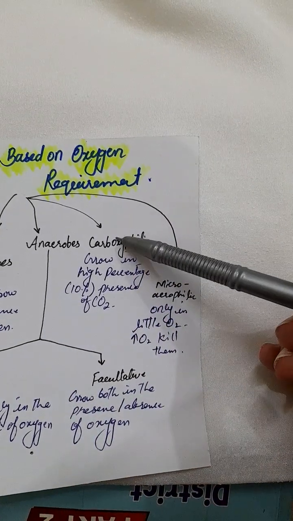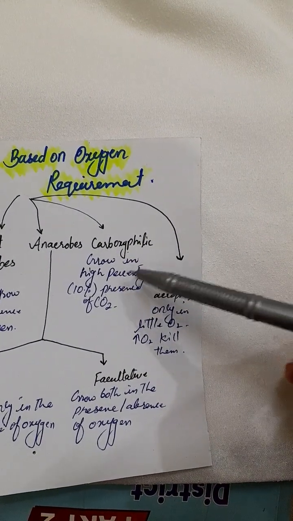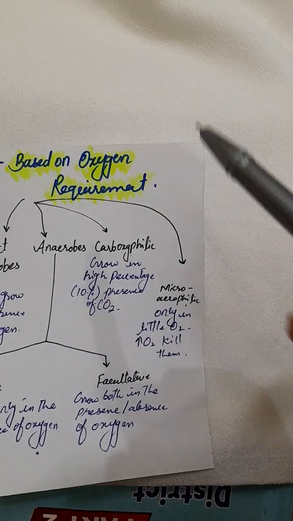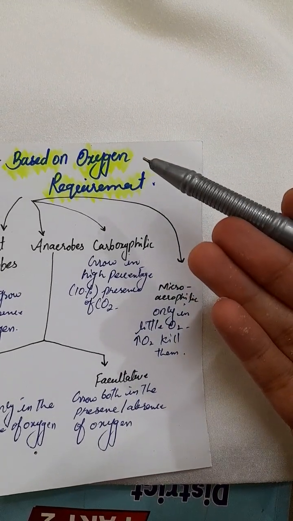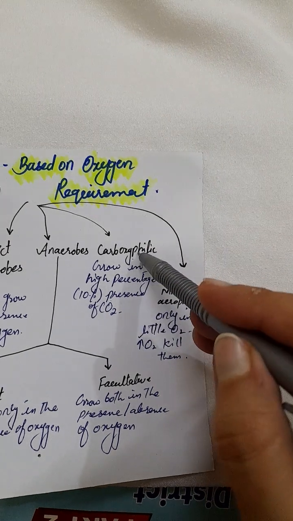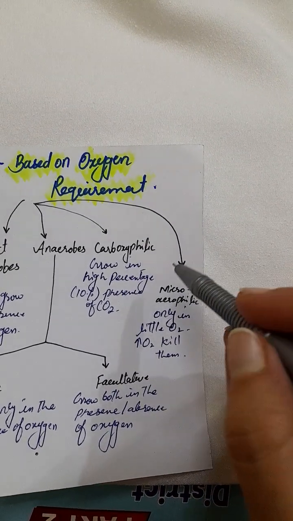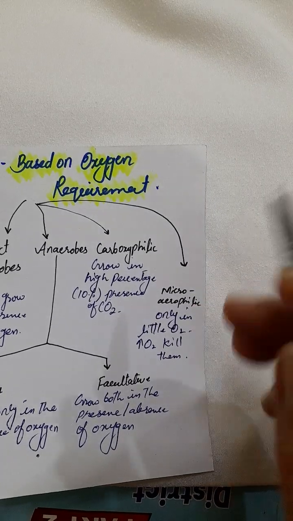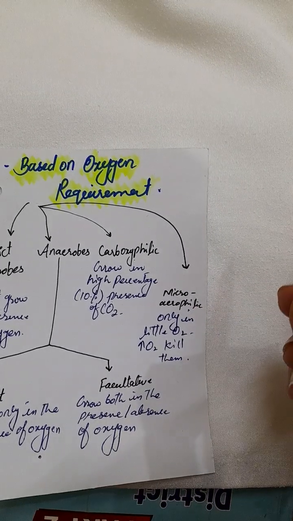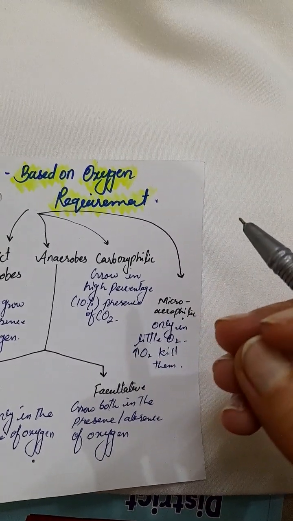The third type is capnophilic, which grows in a high percentage of CO2, around 10%. The fourth one is microaerophilic. It means that they require only a little oxygen for their growth. More oxygen will kill them. Thank you so much.